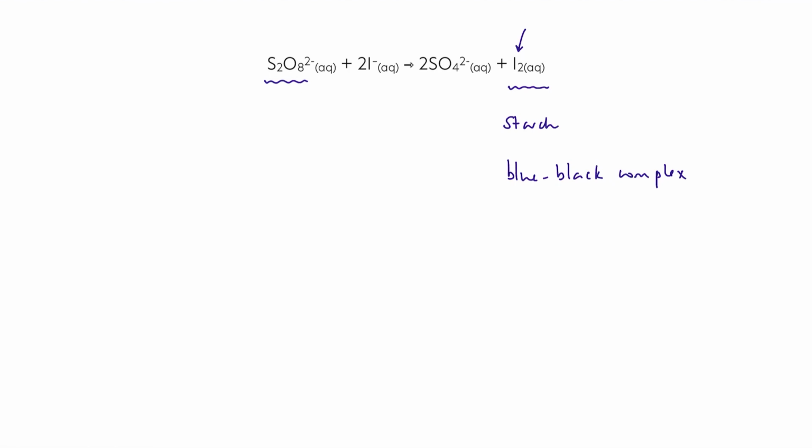Now, we can measure how long it takes to produce a small fixed amount of iodine if we also add some sodium thiosulfate to our reaction mixture, because thiosulfate ions, and not to be confused with the peroxydisulfate ions in our actual reaction mixture, react with iodine and they reduce it.